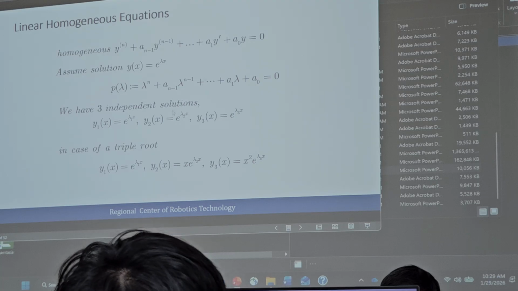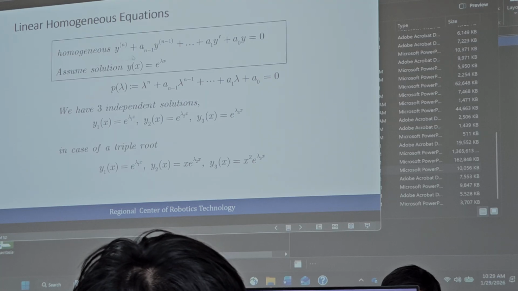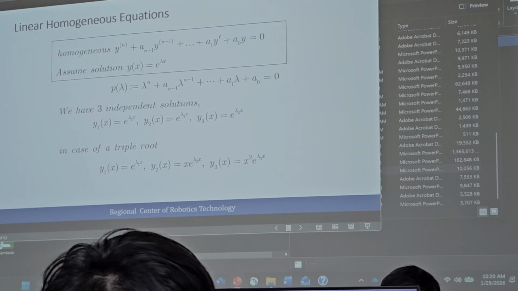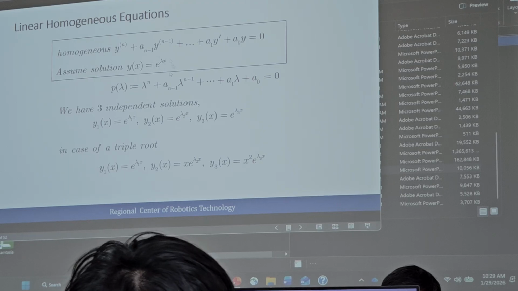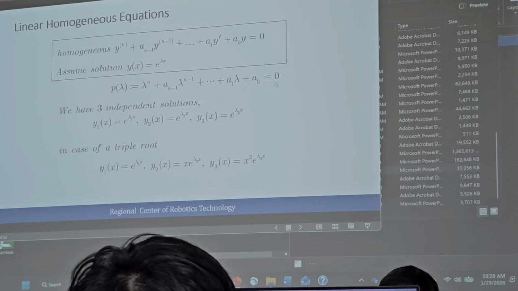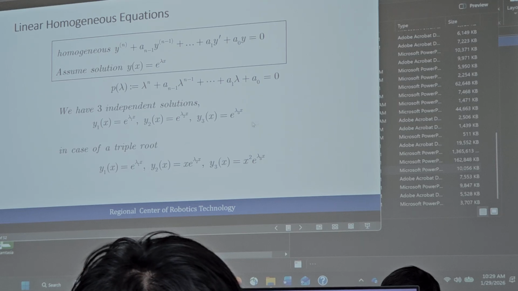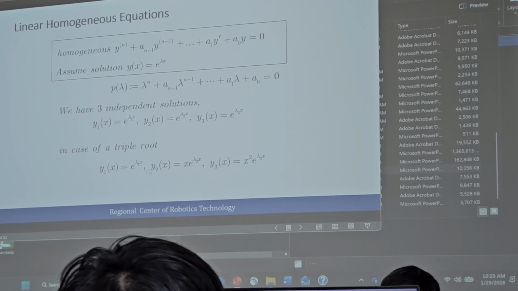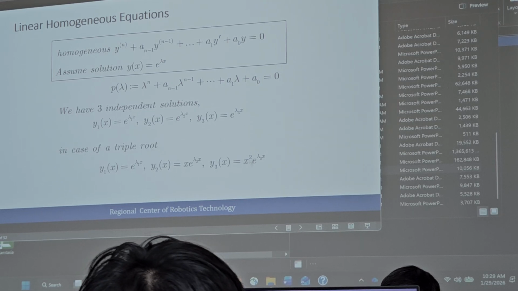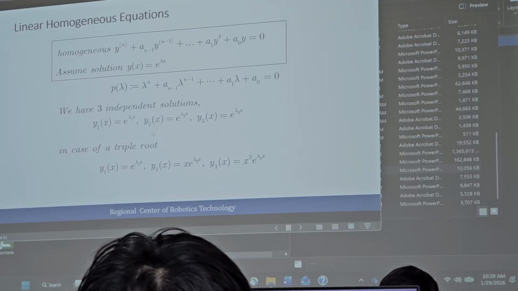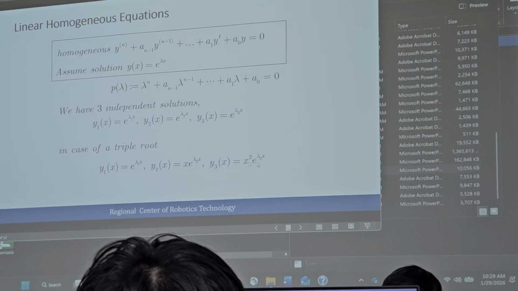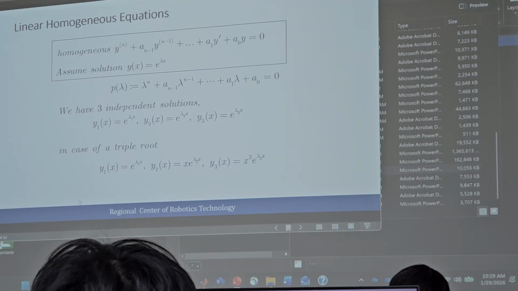Okay, you see, you have the homogeneous solution, right? You do the same. Substitute this one and you have the characteristic equation, and you can solve for this one, right? So if you have a triple root, you have x, right? If you have a third order system and a triple root, you have this solution.